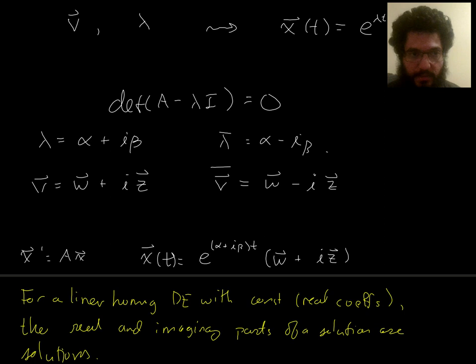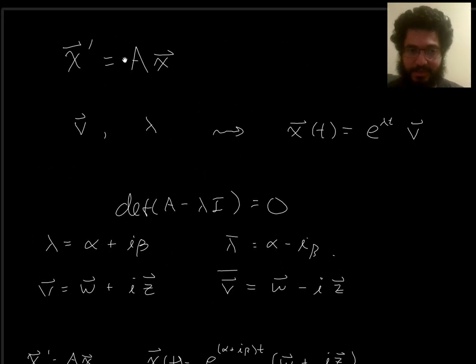And I may have forgotten to say originally that we're talking about a differential equation that starts with real coefficients. So that would be the situation where you're interested in a real solution. So we're assuming A is a matrix with real entries.